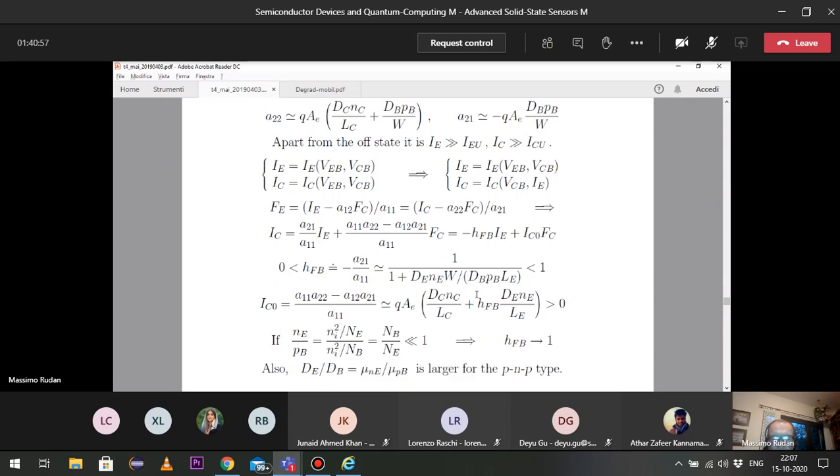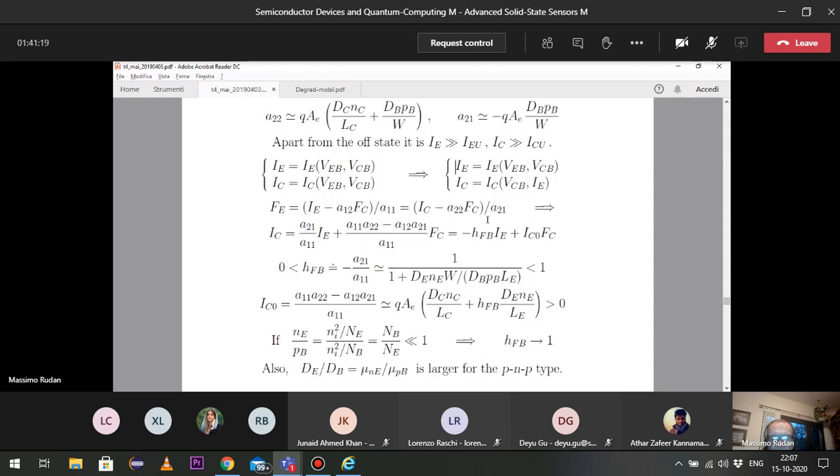Assume for a moment that IC0 is small, so that the part related to IC0 is negligible if the other term is non-zero. So you have IC prime, which is the negative of IC, equal to HFB IE.